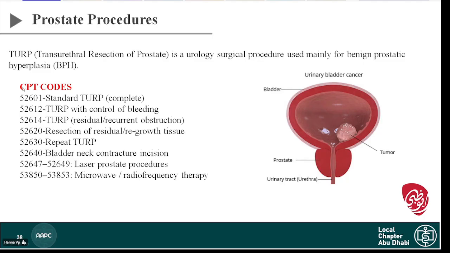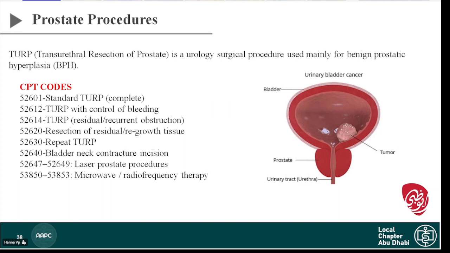See, these are the CPT codes related to the prostate. Standard TURP, TURP with control of bleeding. See, resection of growth tissue, repeat TURP, bladder neck construction. See, these all are the procedures related to the prostate.